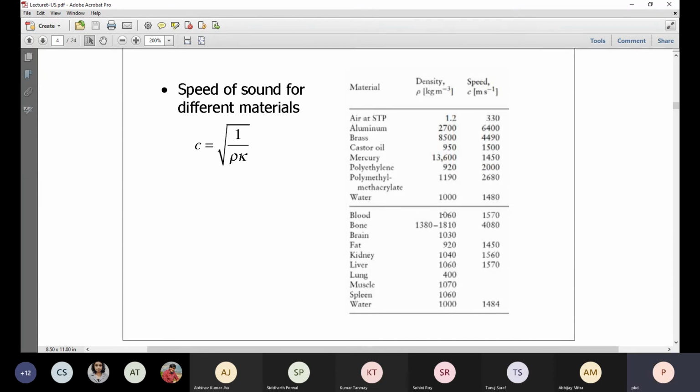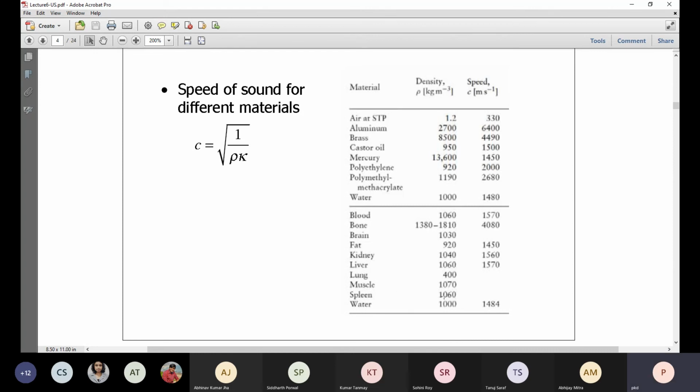Similarly, brain is also very close to water. Fat is also close to water. Kidney is also close to water. Liver is close to water. Lung is porous, so therefore it is much less, 400. Then muscle is also quite close to water and all other things.